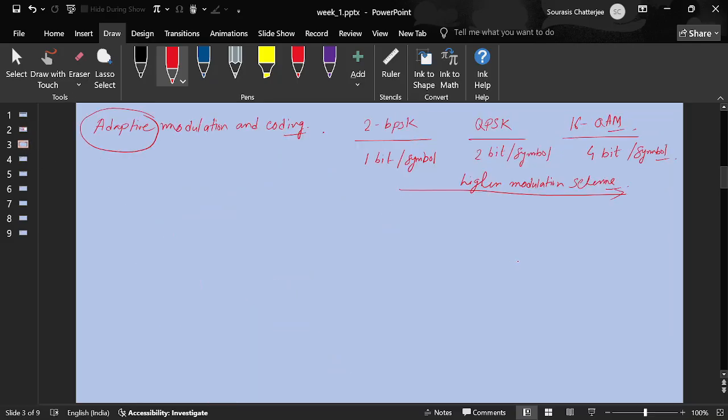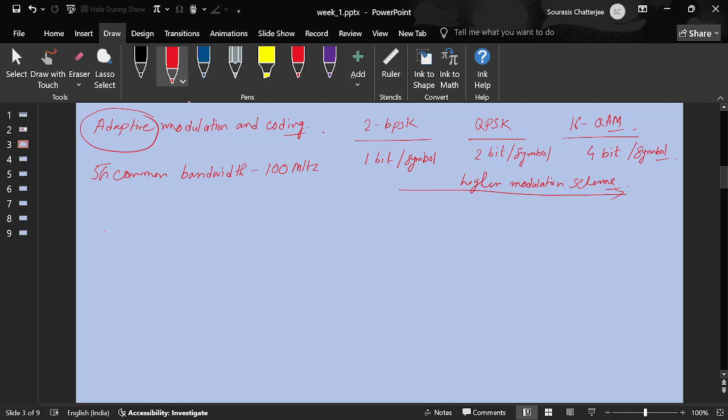So if I have higher SNR, that allows me to use a higher modulation scheme, and a higher modulation scheme enables us to pack more and more bits per symbol. So effectively, let's say like in 5G, our common bandwidth, you will see, is 100 megahertz.